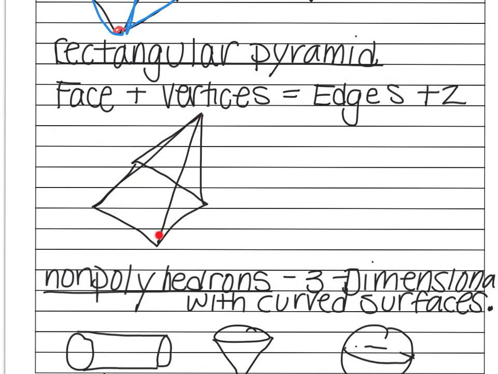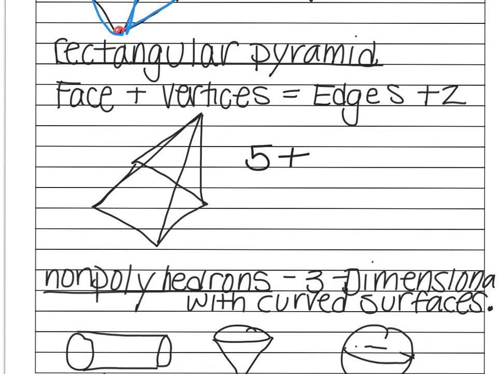And again, it's rectangular, so that makes sense because it has 4 sides for the rectangular base. If it was a triangular prism, this would only have 3 faces plus the base. So again, we have the 4 side panels, and then the base, which is considered a face, so that would be 4 plus 1 is 5.